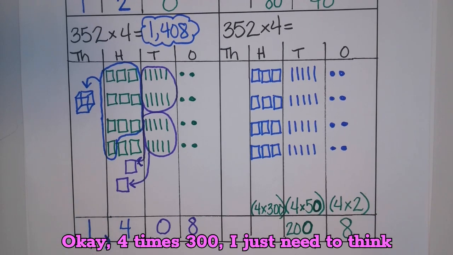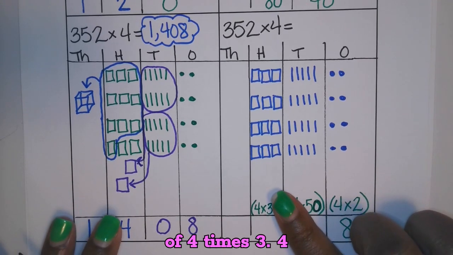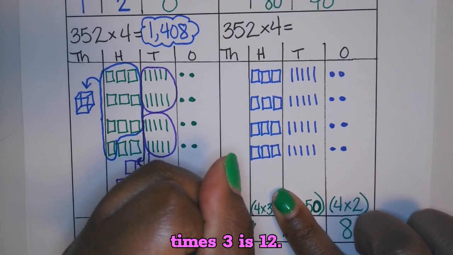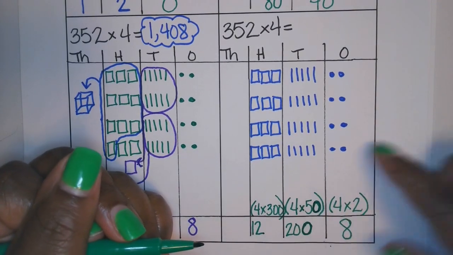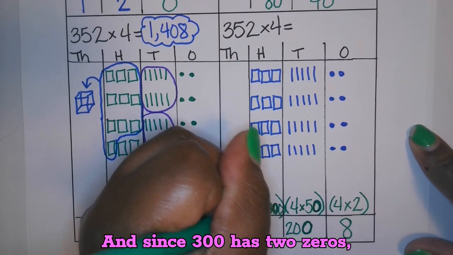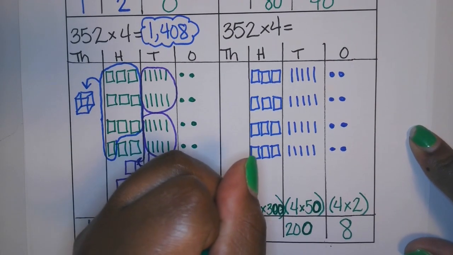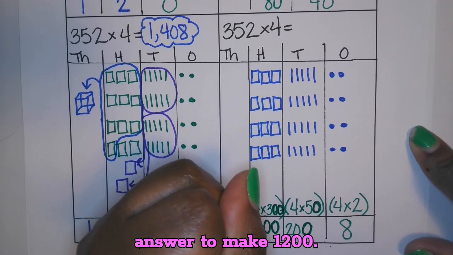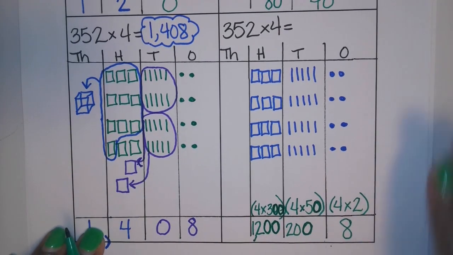Okay, 4 times 300. I just need to think of 4 times 3. 4 times 3 is 12. And since 300 has 2 zeros, I'm going to add 2 zeros onto my answer to make 1,200.